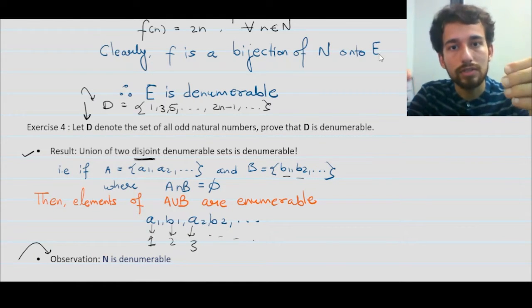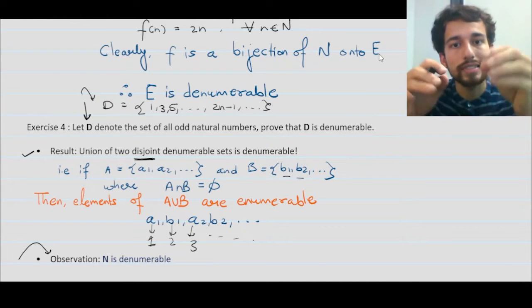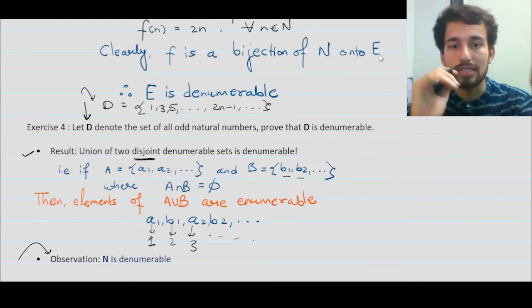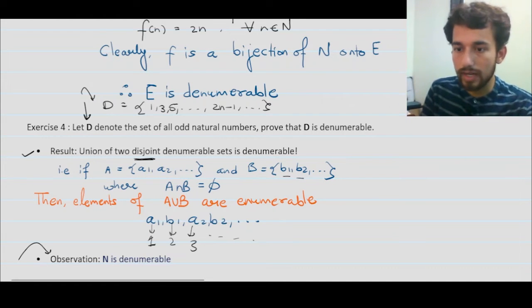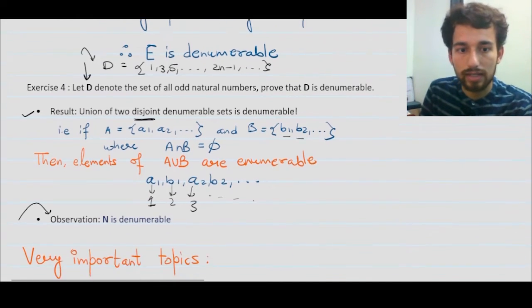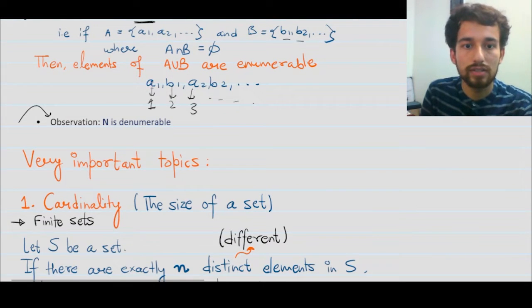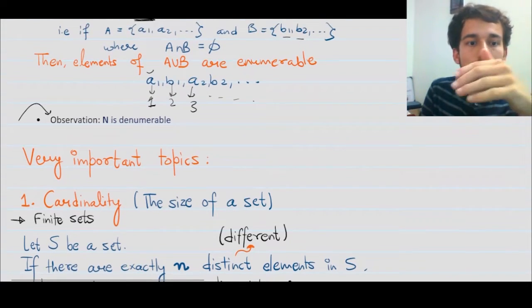If I take the union of these two, the resultant set is the set of natural numbers, which is a denumerable set using this result. And this is the rule by which we can map these elements in general for any two sets A and B, and map the union with the set of natural numbers.